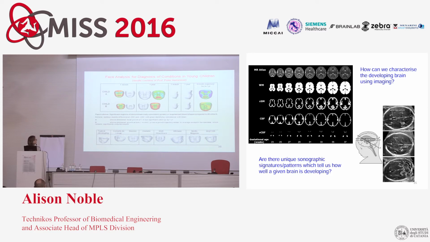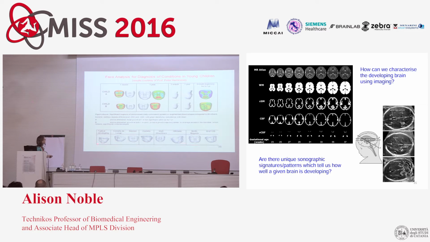We've also done some work with, and this is work that's just starting, Peter Hammond, who's recently come to Oxford from UCL, and he's a world expert in face analysis for diagnosing conditions of young children using shape analysis, and particularly looking at children who have different, often rare syndromes.